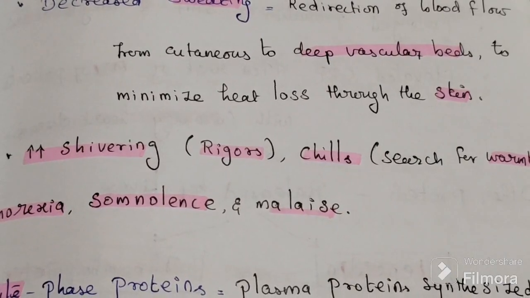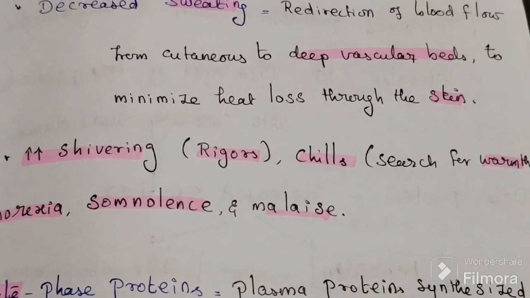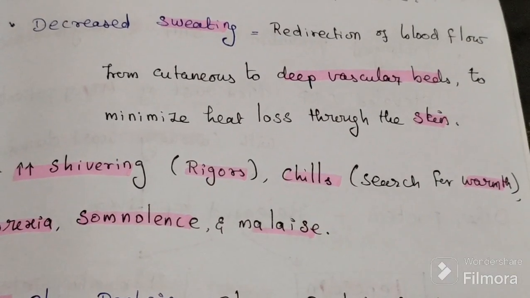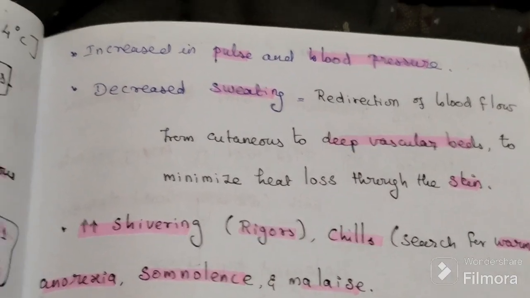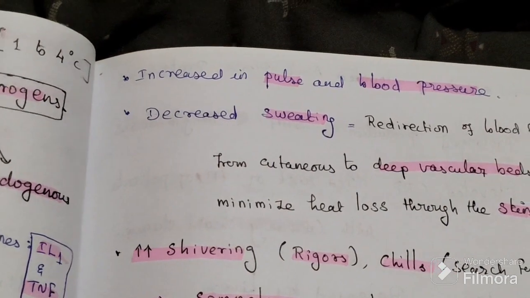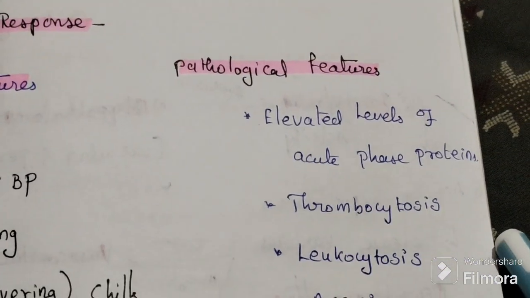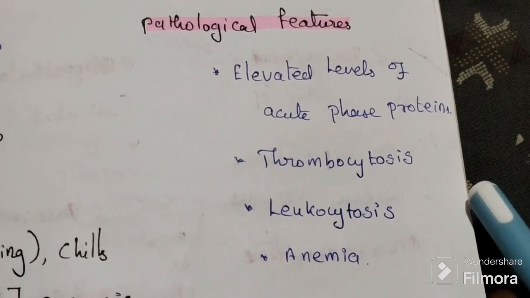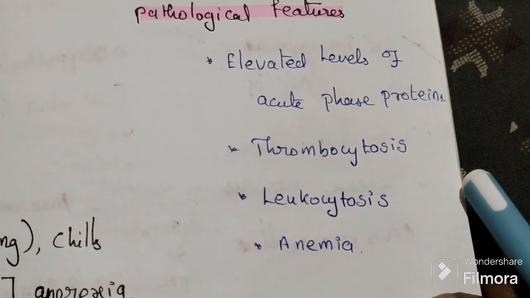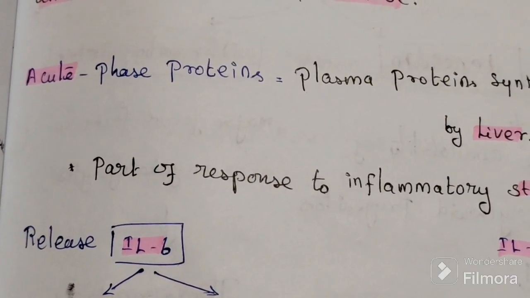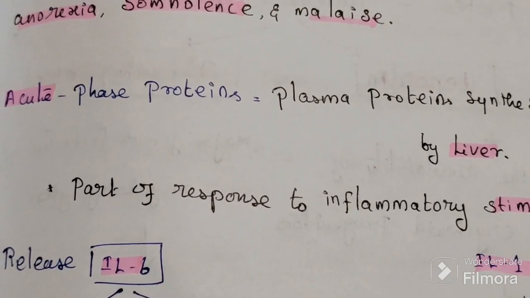So all these are the systemic effects of inflammation. All these are the clinical picture of acute phase response. We already know the pathological features: elevated level of acute phase protein, thrombocytosis, leukocytosis, and anemia. Now, what is acute phase protein?